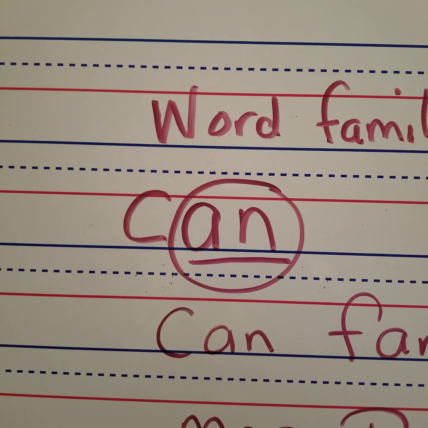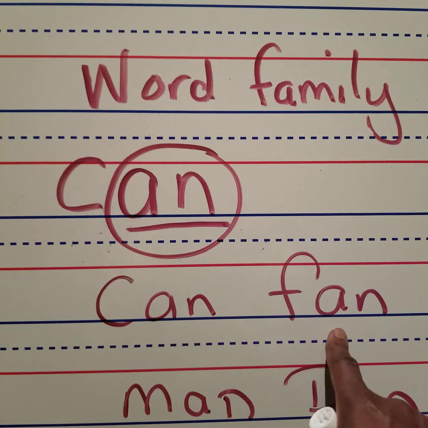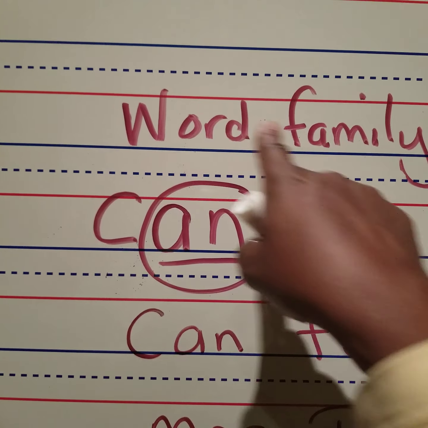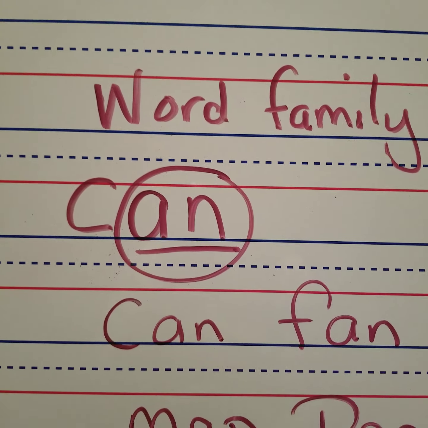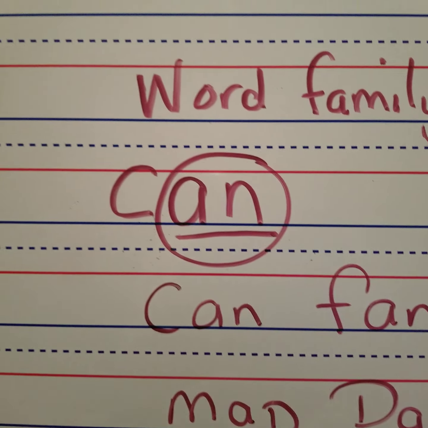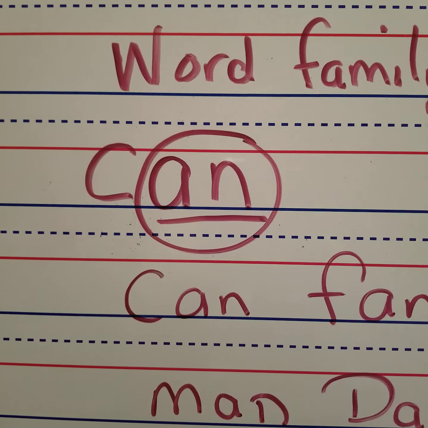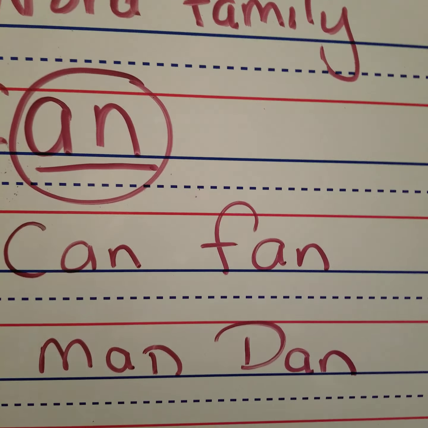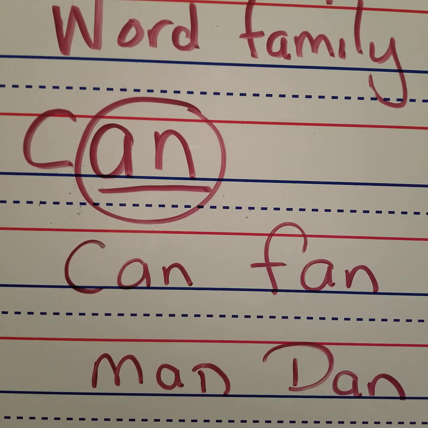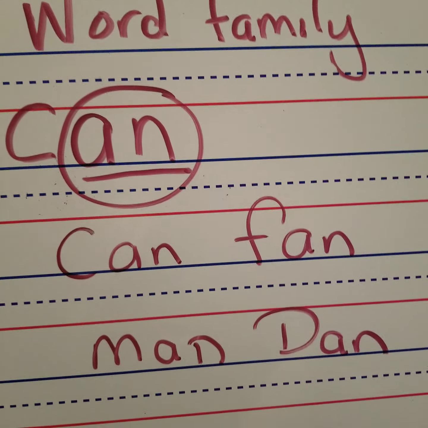And then I'm going to ask you to write 2 words that are part of the word family. All righty. And then I will show you how you will be getting rewards for completing that and completing it correctly, obviously. You'll be getting stars, and I will show you that tomorrow.